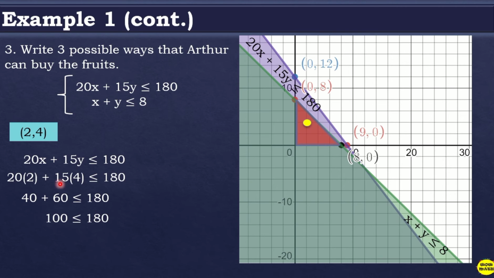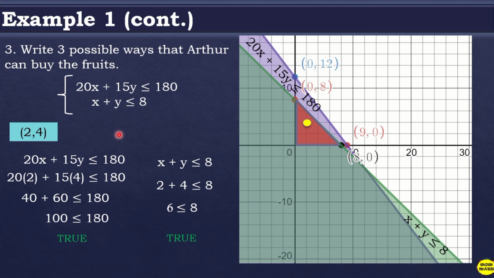So, you will get 100 is less than or equal to 180. Is this true? Yes. Okay, and then check natin siya sa pangalawang inequality. X plus y is less than or equal to 8. So, substitute natin si 2 at 4. You will get 6 is less than or equal to 8. Is this true? Yes. Okay, so it proves, kung mapapansin nyo, nag-true siya pareho, ibig sabihin, yung 2, 4 is a solution.